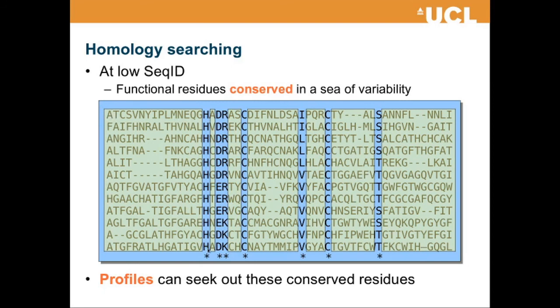But here we really boost the score for histidine versus histidine and lower it for anything else. And these sorts of profiles, which are implemented in programs like SciBlast rather than the normal BLAST, allow us to find much more distant homologues.